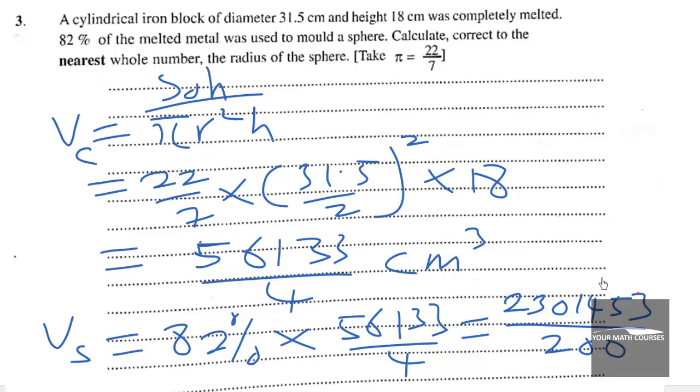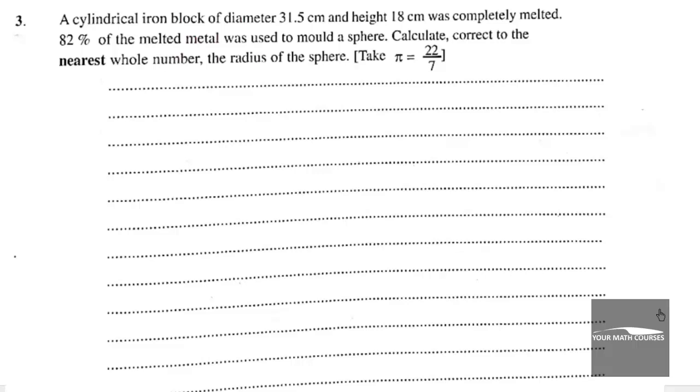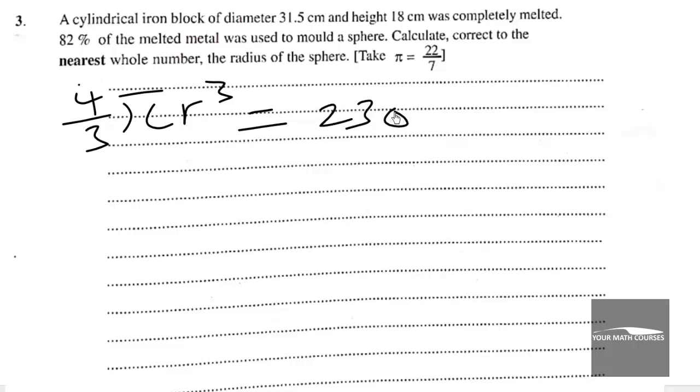So now this should be equal to the volume of the sphere. And remember, the volume of a sphere is given by 4 over 3 pi r cubed, which is equal to 2301453 all over 200.